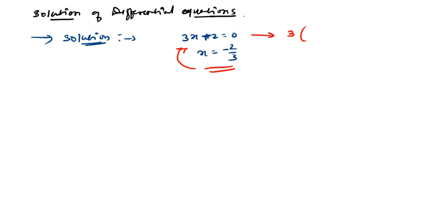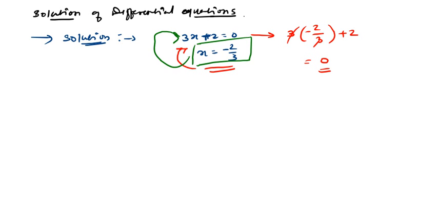So this will be 3 into minus 2 by 3 plus 2, which is equal to 0. This means x equal to minus 2 by 3 is a solution.